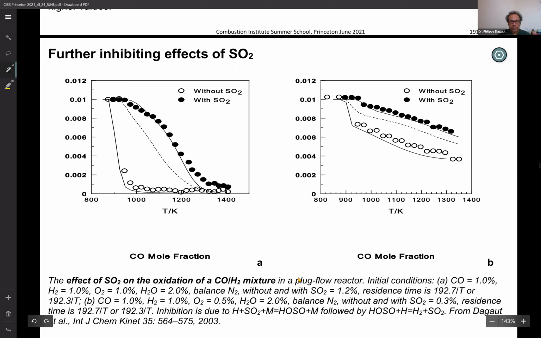And kinetic modeling showed that this inhibition is due to H plus SO2 giving HOSO, followed by HOSO plus H giving H2 plus SO2. So in this process, you are consuming 2 H atoms, first one here, and then second one here to reform H2. So this explains why the overall reaction is slowed down.